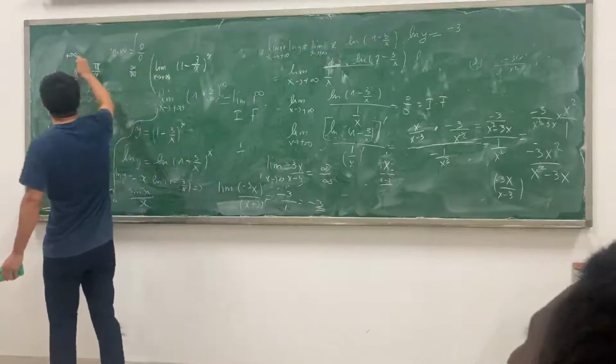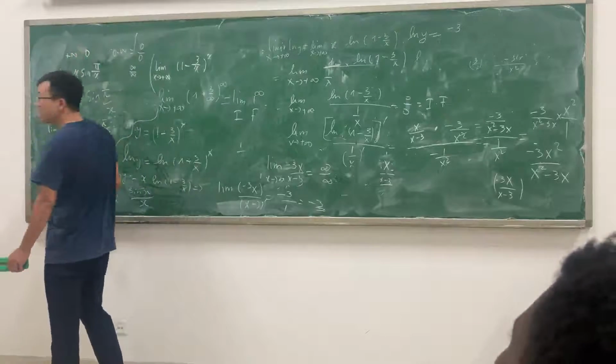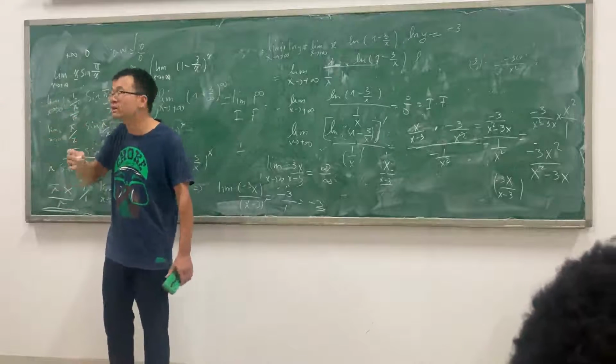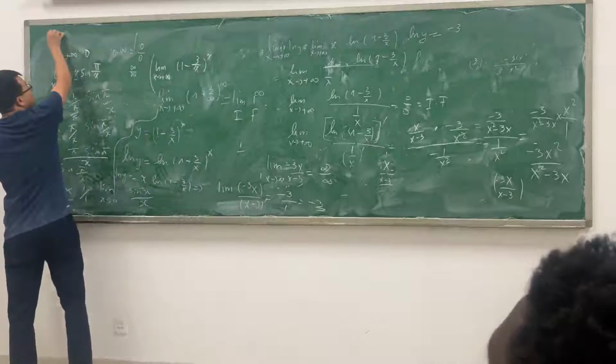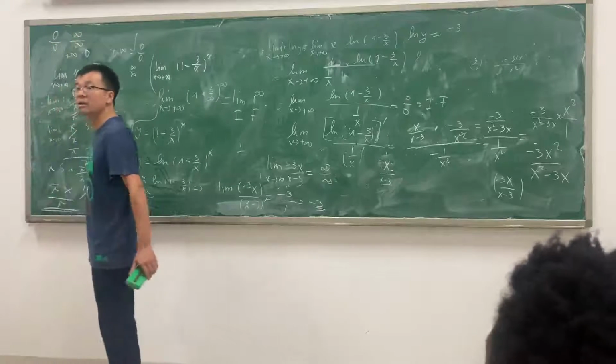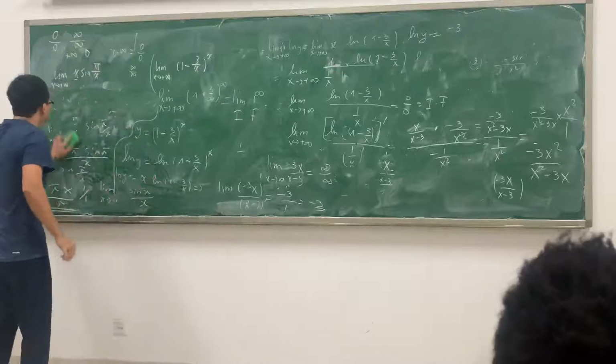So this is plus infinity times 0. For this form, how to do it? Transfer it to 0 by 0 or infinity by infinity.